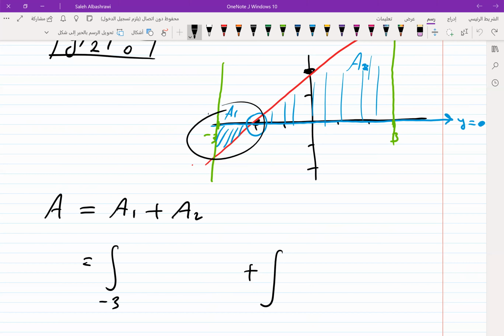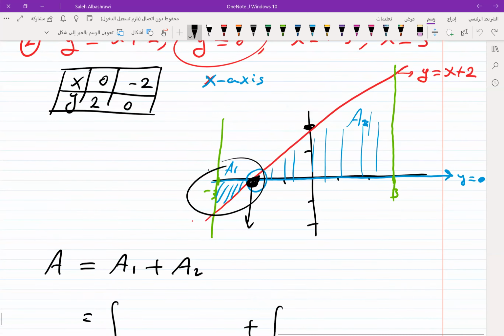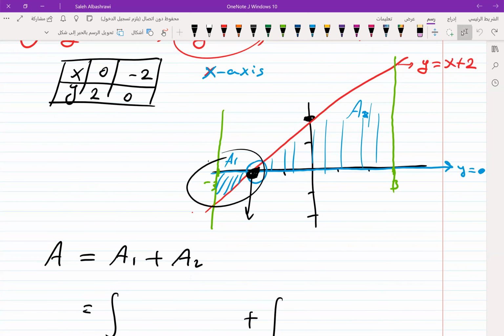The left limit, or the left line, is minus 3. The right limit, which is this vertex, this point is minus 2. From the table we know it is minus 2 and 0. So the upper limit is minus 2.